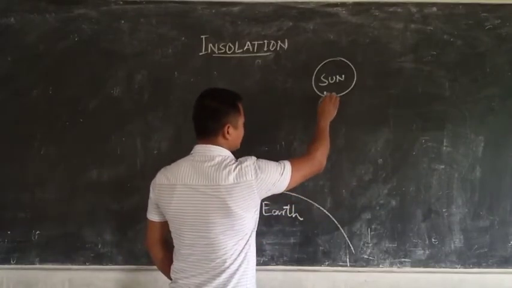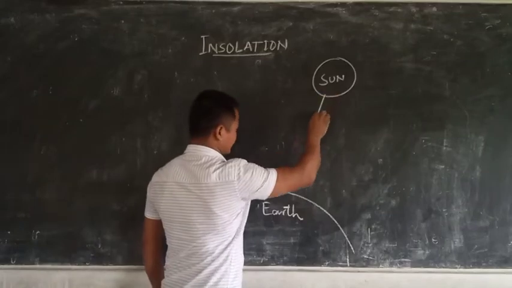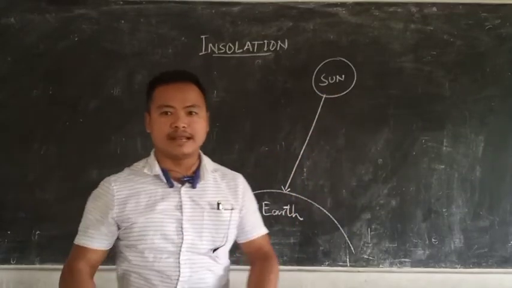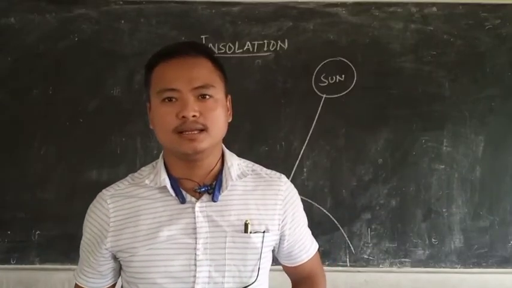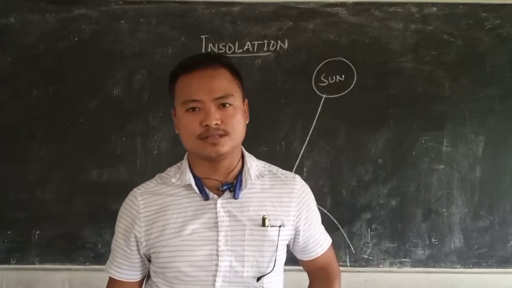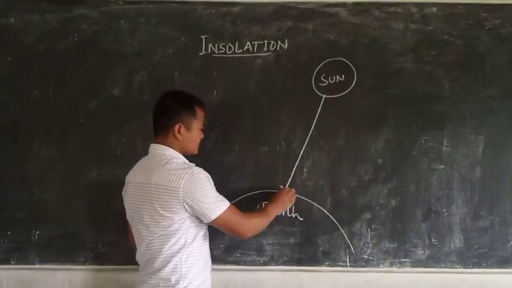So when we talk about the Sun, it's a hot and glowing object which gives out heat. The rays of the Sun that spread in the entire part of the solar system reach the Earth's surface.